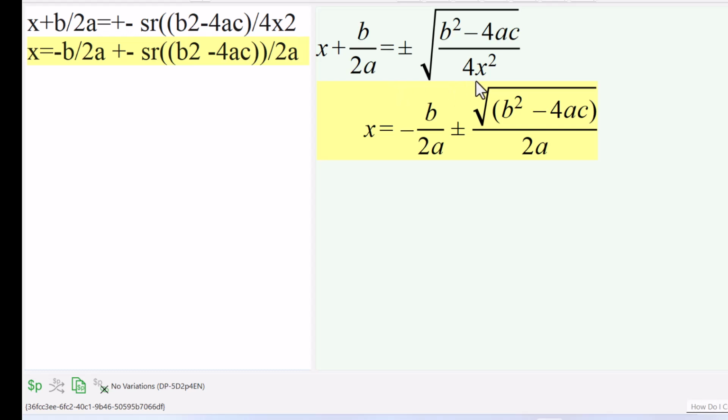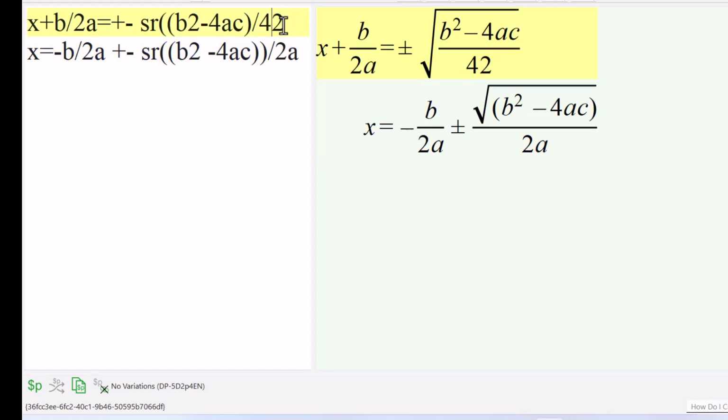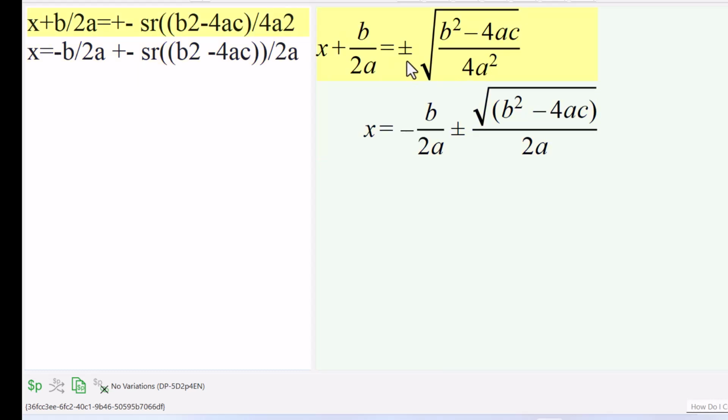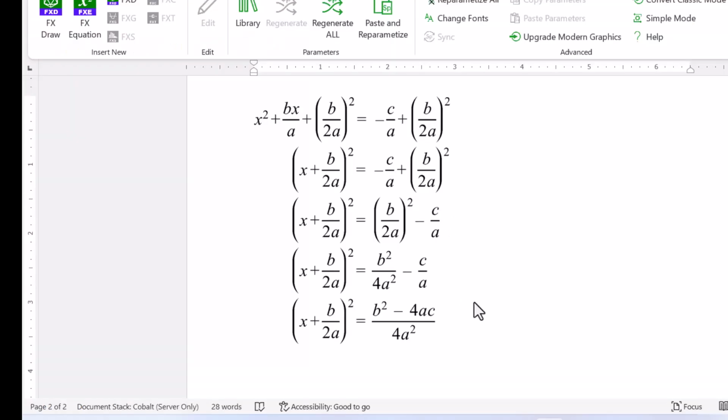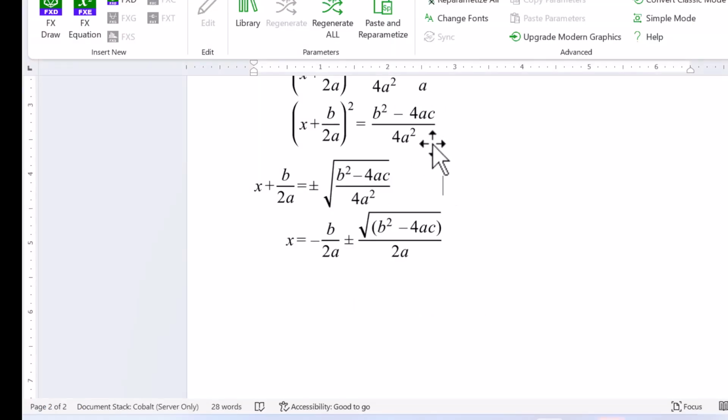Sorry, this place is supposed to be a, not x, supposed to be a. Okay, so that is that. So at this point, I can finish it. So you can see this is 4a, not 4x. So I've corrected it.